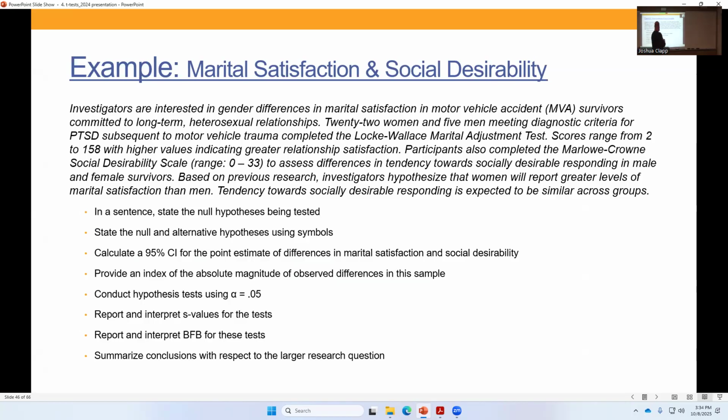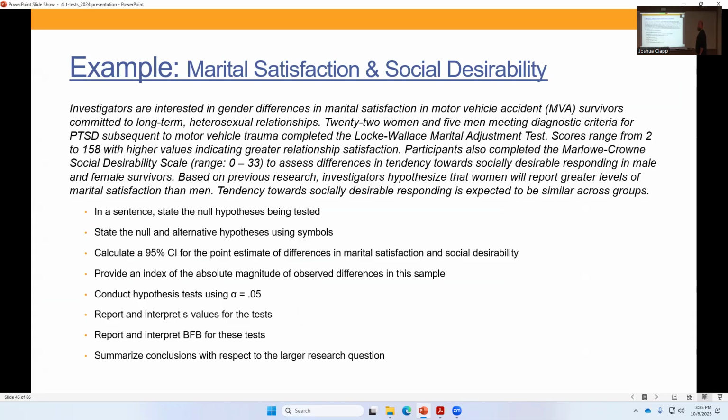Investigators are interested in gender differences in marital satisfaction among motor vehicle accident survivors committed to long-term heterosexual relationships. 22 women and 5 men meeting diagnostic criteria for PTSD subsequent to motor vehicle trauma completed the Locke-Wallace Marital Adjustment Test. Scores range from 2 to 158, with higher values indicating greater relationship satisfaction.